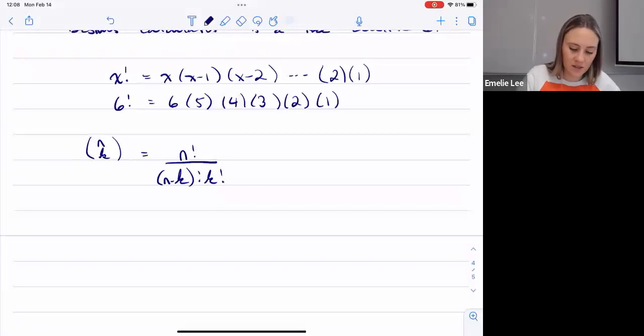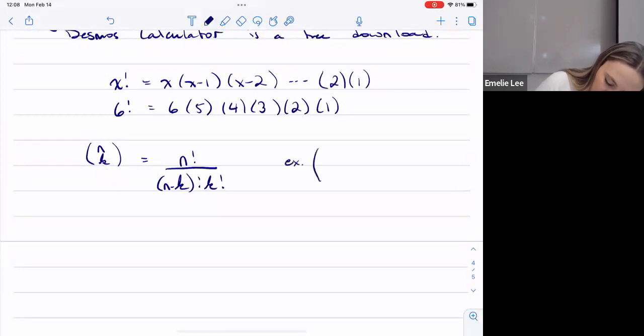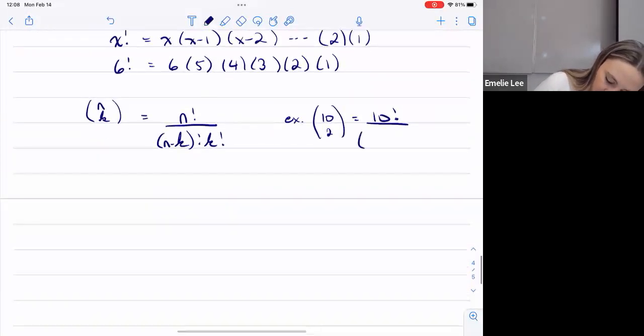Which means that if you wanted to do 10 choose 2, for example, right? And this is kind of getting off topic, but it's good to know these things because they do come up. So then, for example, if you want to do 10 choose 2, that's going to be 10 factorial divided by 10 minus 2 factorial times 2 factorial.